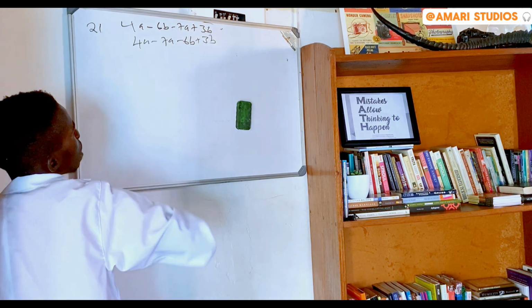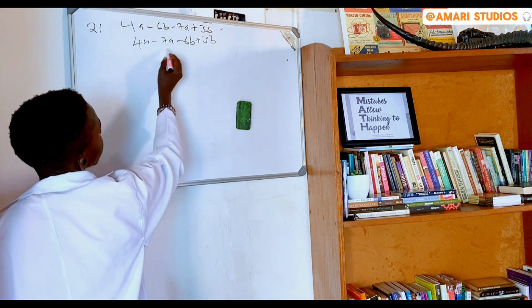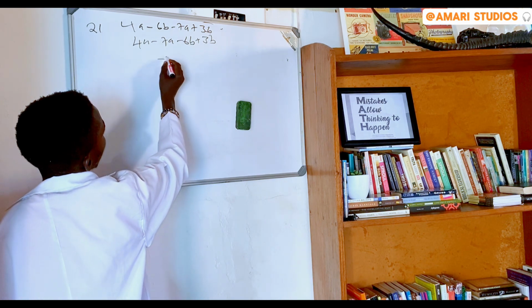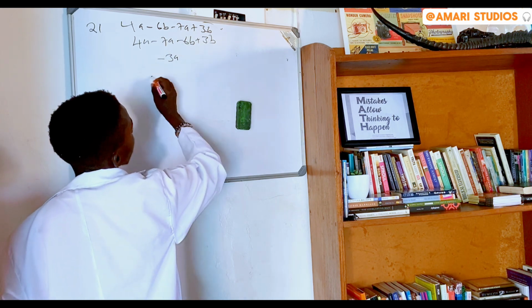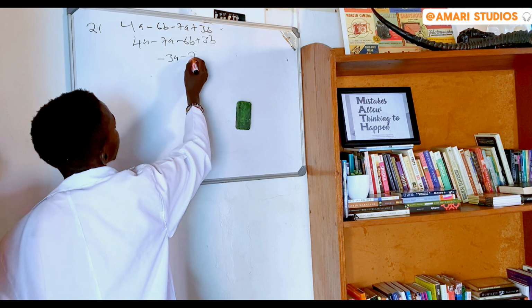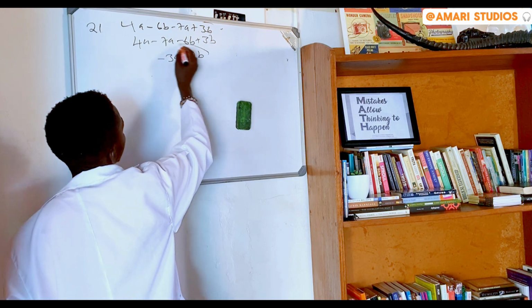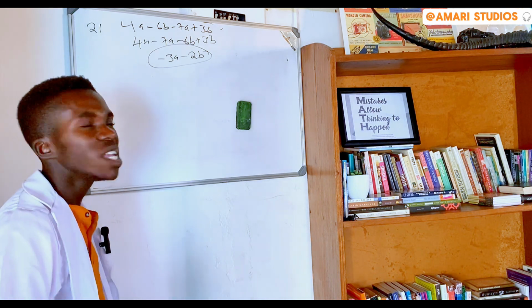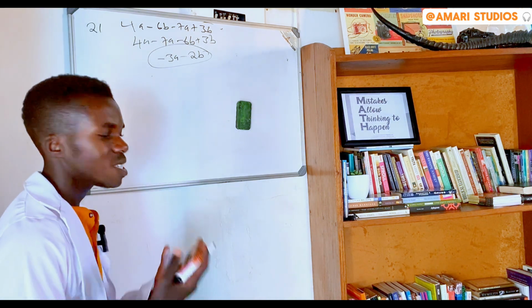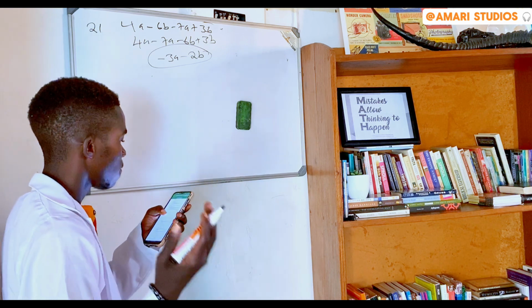Then just evaluate the numbers. 4a minus 7a, you are going to get negative 3a. Then negative 6b plus 3b, you are going to get negative 3b. So this is your final answer. Just like that, you have simplified, you have made it in its simplest form, which is simple and straightforward.